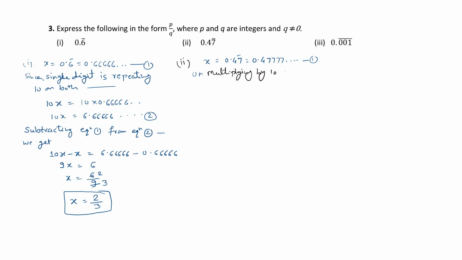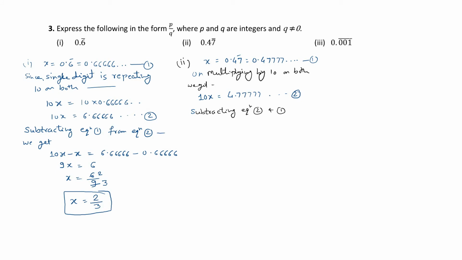On multiplying by 10 on both sides, we get 10 times x equal to 4.77777. So this is equation number 2. So let's subtract equation number 1 from equation number 2. What will we get?